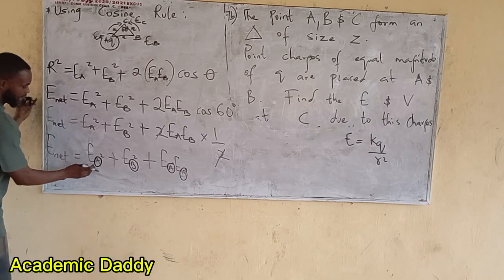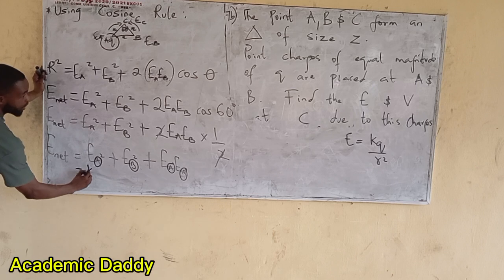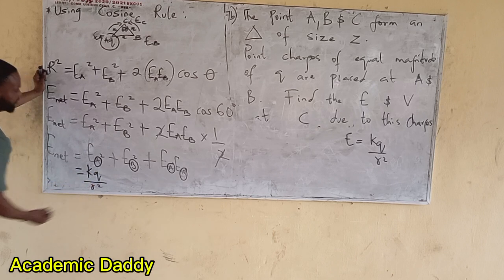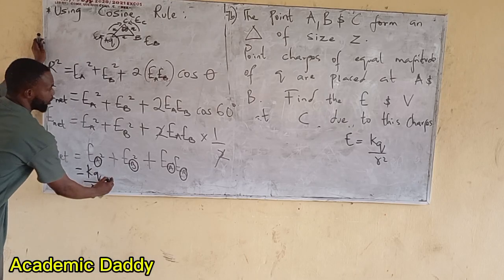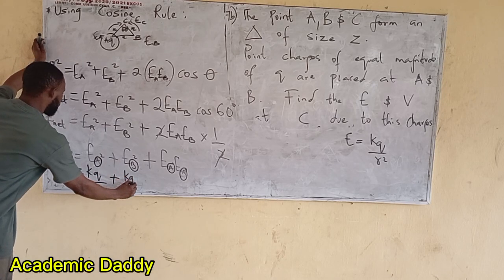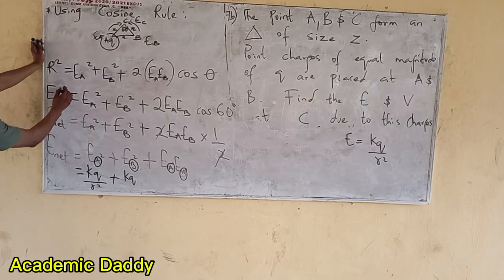So for here, I can easily say, let this become KQ over R squared plus KQ over R squared, and notice this one is squared. And do you remember that this one is also squared?